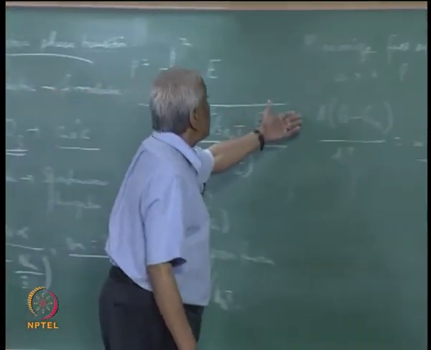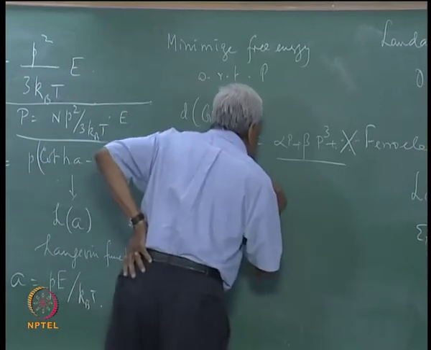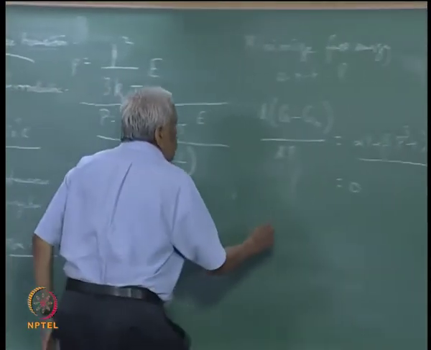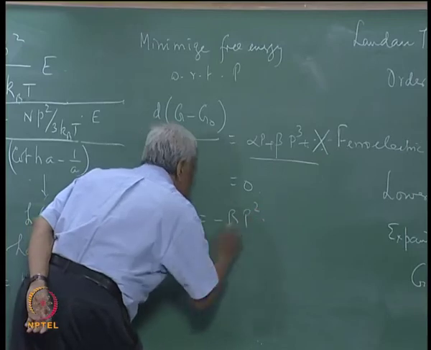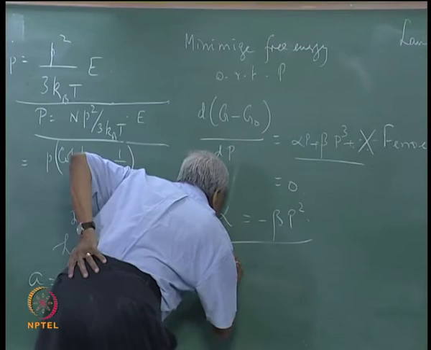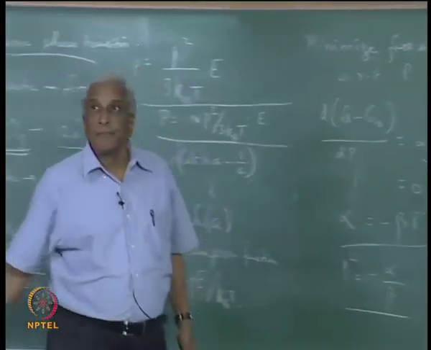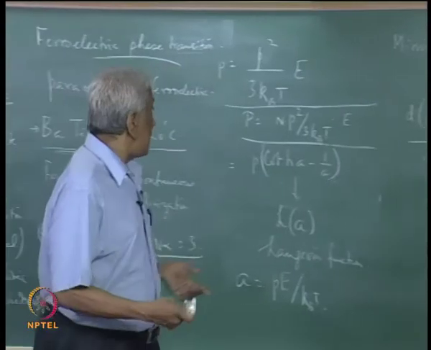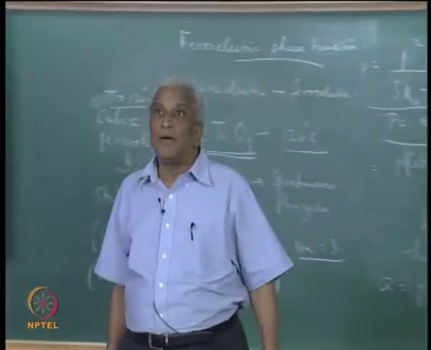So, this is the derivative of the free energy difference with respect to P, and we set this equal to 0 for a minimum. This gives me alpha equal to minus beta P square, or P square is minus alpha by beta. So, the minimum is characterized by a spontaneous polarization which is minus alpha by beta.